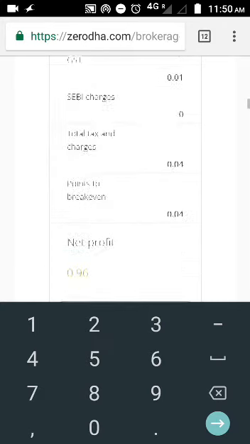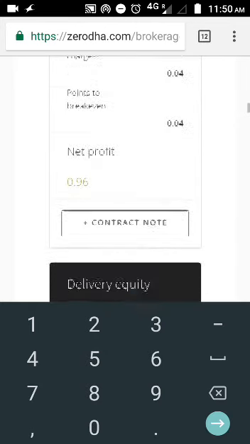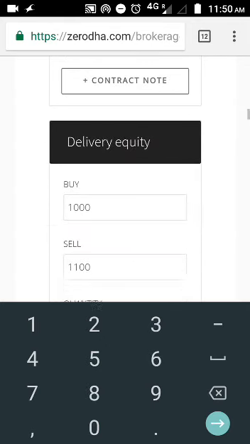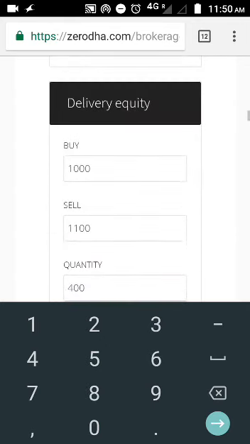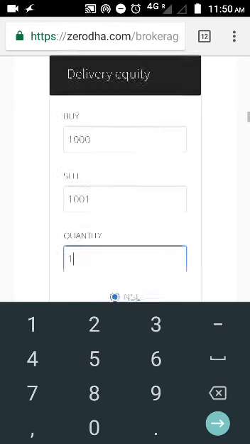So if you buy the same stock which is worth 1000 rupees and sell it on the same day, ideally your 68 paisa should be your profit. Go down here and see if you are in profit. You will actually be in loss, because your points to break even in this case is 2.08 rupees.